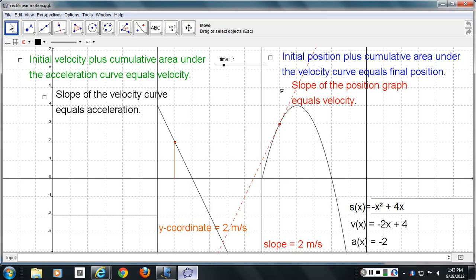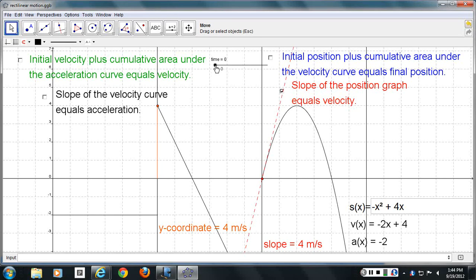So as I move the slider, basically seconds are ticking away, it starts right at the origin, right at this point. And then we're going to let 1 second go by and see where it is after 1 second.